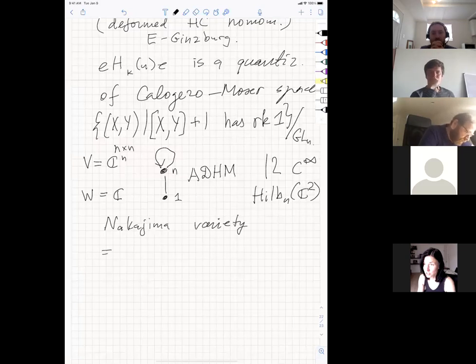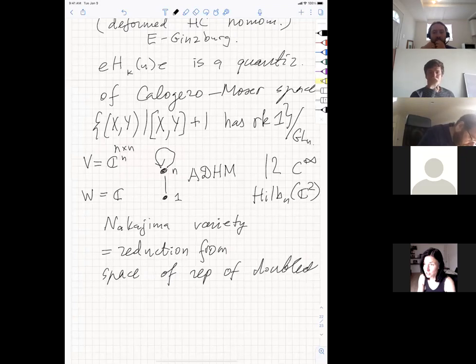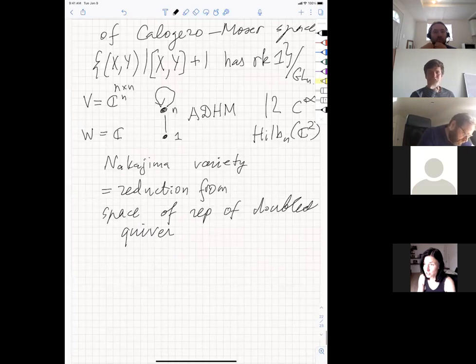So this is, by definition, a reduction from the space of representations of the doubled quiver. So representations of the doubled of this quiver, which is this quiver here.